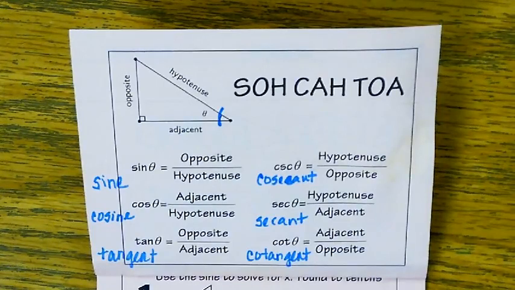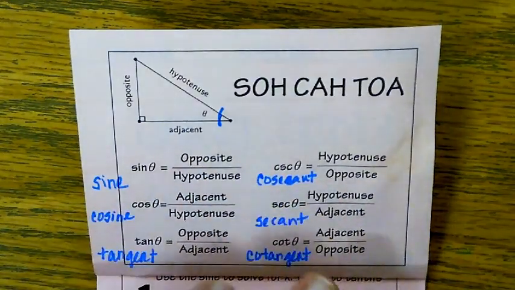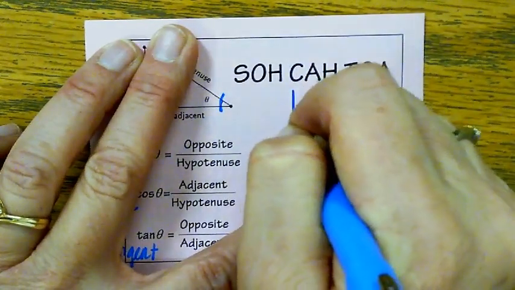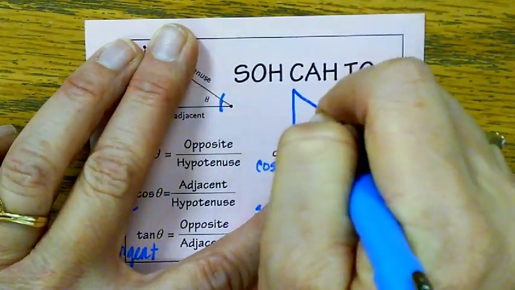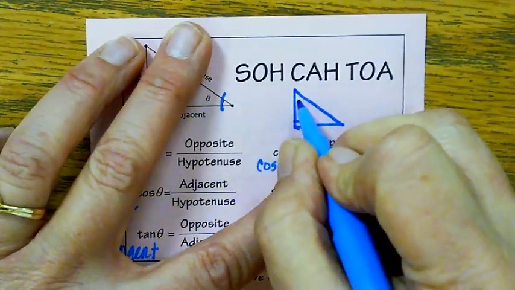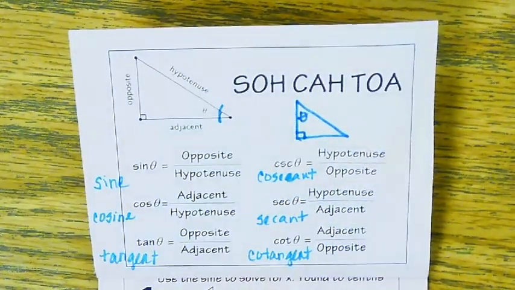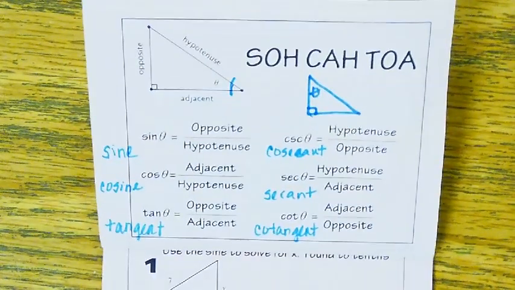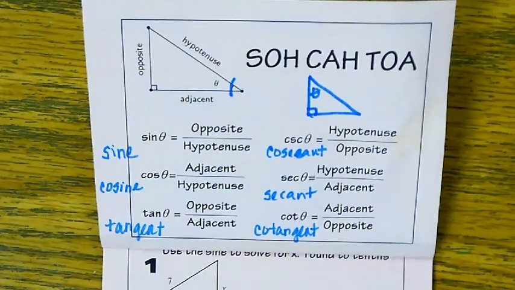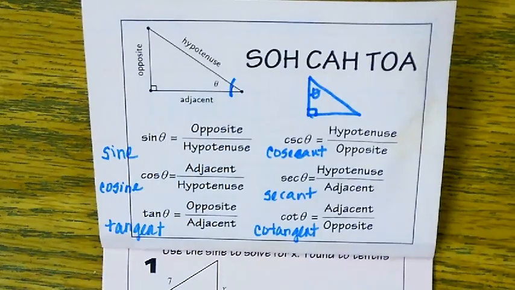So if we have, say, this triangle, draw another right triangle up here. Now I'm going to put that theta in the upper left-hand corner of that triangle. Now, can you label that triangle according to that angle theta? Label it opposite, adjacent, and hypotenuse.